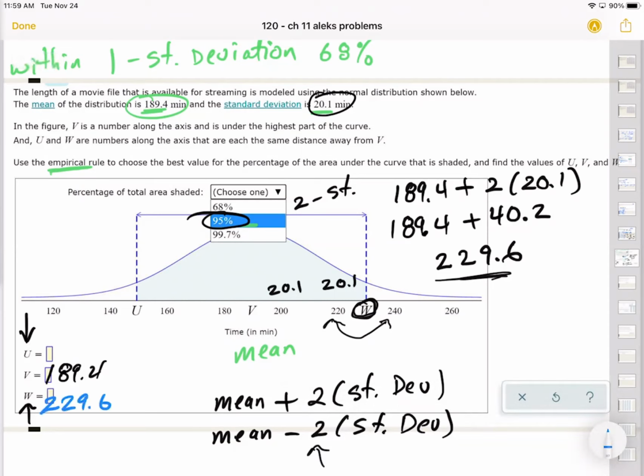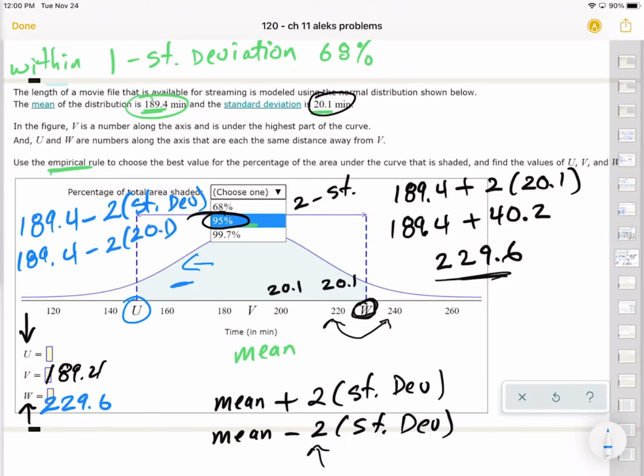And how do I find U? Remember, if we go to the left, we need to subtract. We have the mean, 189.4, minus 2 times the standard deviation: 189.4 minus 2 times 20.1, which is 189.4 minus 40.2.